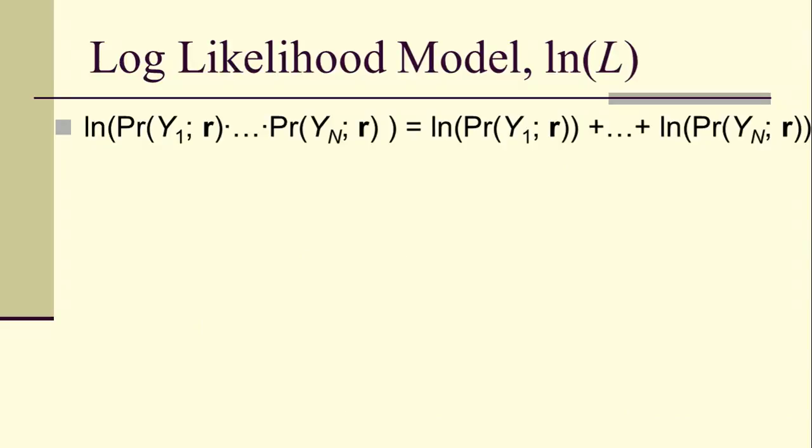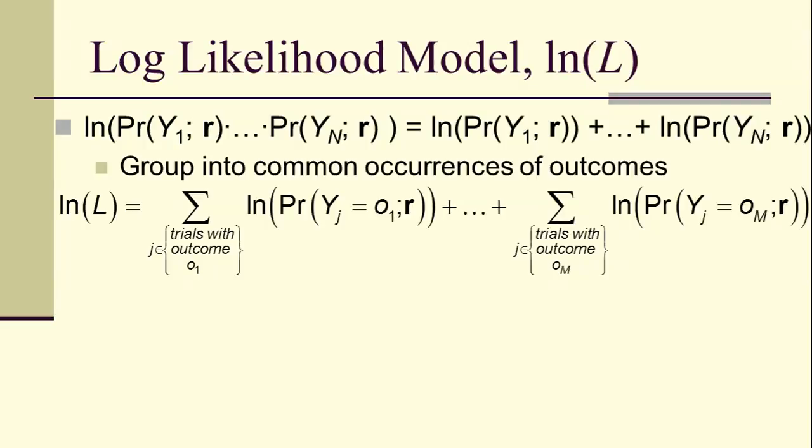So the log of the product, probability of y1 given r up to probability of y sub capital N given r, is the sum of the log of those individual probabilities. Log of the product is the sum of the logs. And we can group these into common occurrences. So the natural log of L, which is the log likelihood, can be grouped into those trials that have outcome O1 all the way up to those trials that have an outcome O sub m.